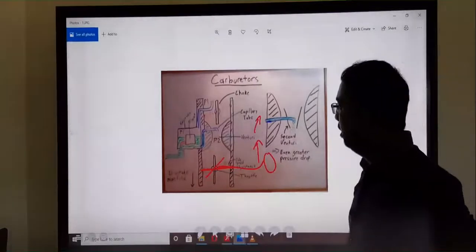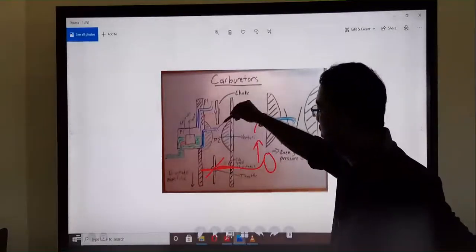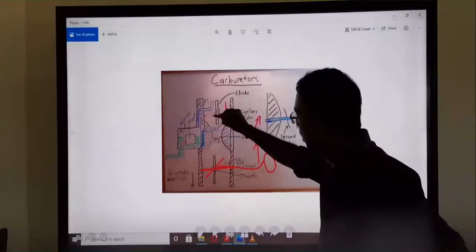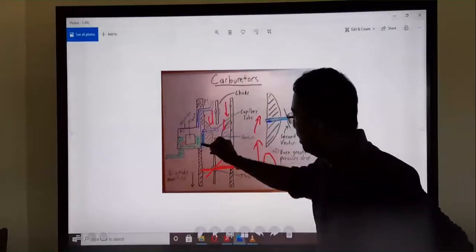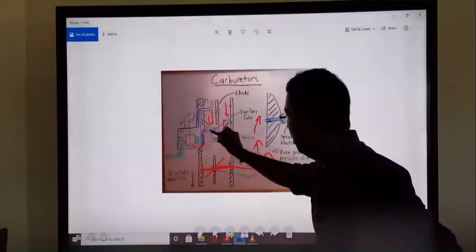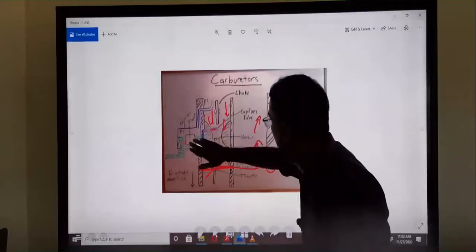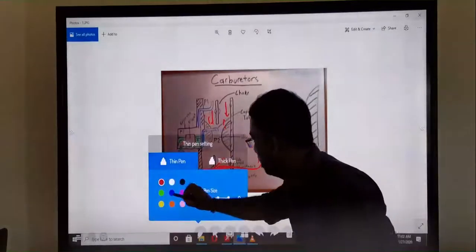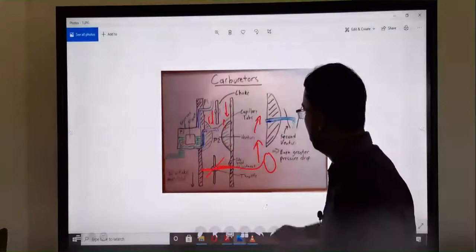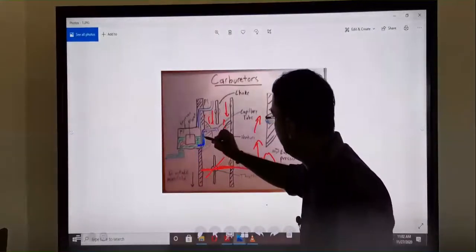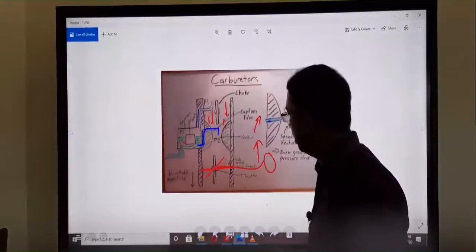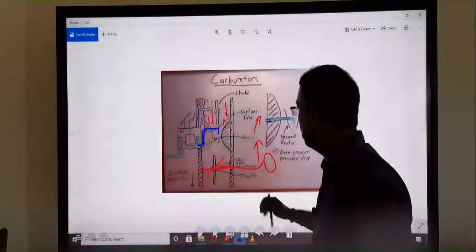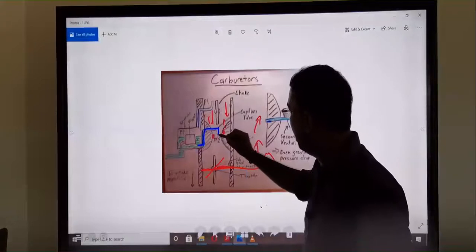So when the choke is open like this, the air comes through, there is a pressure difference, and the fuel also comes like this and connects with the air.